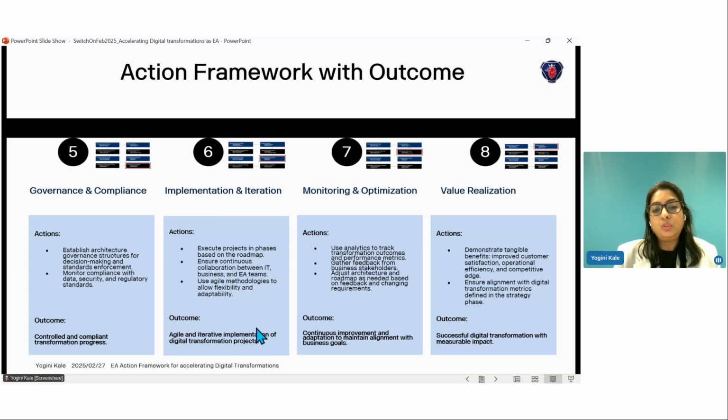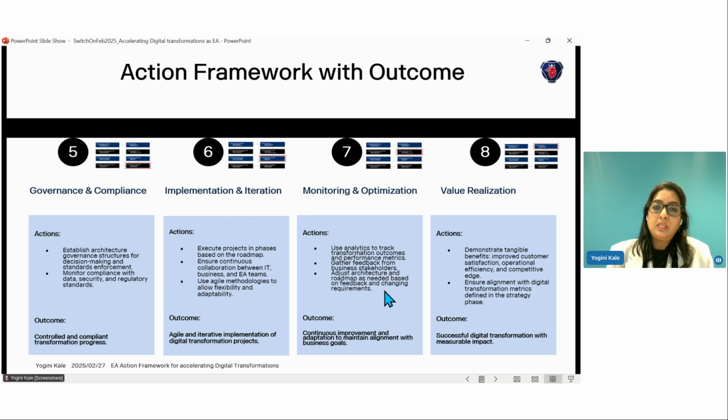And the outcome of this stage would be to have an agile and iterative implementation of digital transformation projects, which again, I would say is very important in the dynamic world that we have today.